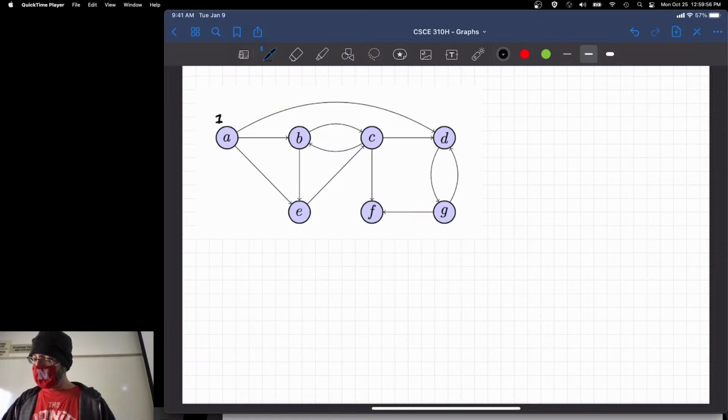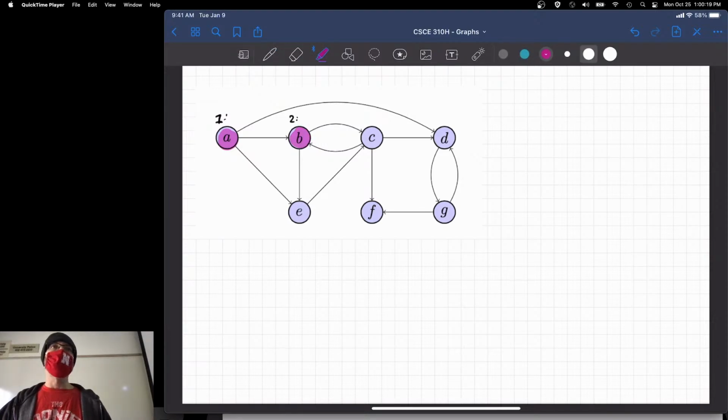And then, of course, you color it visited. Where do I go next? In my neighborhood, I see D, I see B, and I see E. Again, it doesn't matter how you proceed. We'll go in lexicographic order here. 2. And this is also going to give us some practice on performing a DFS.